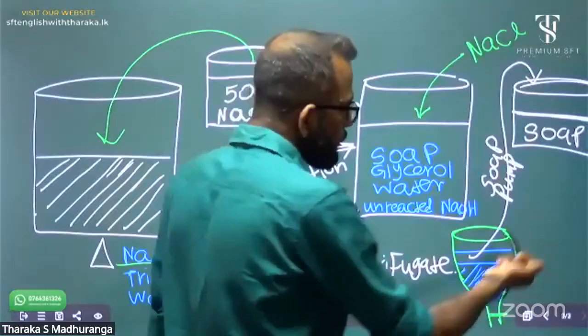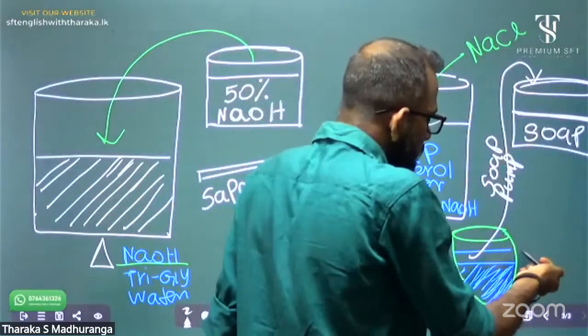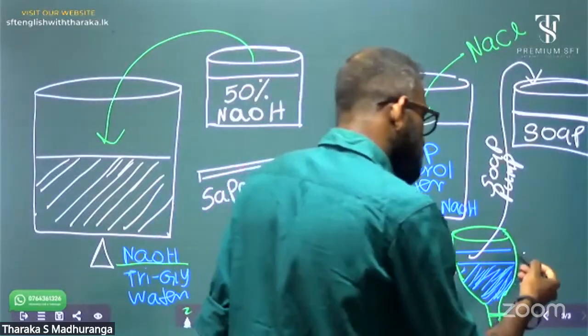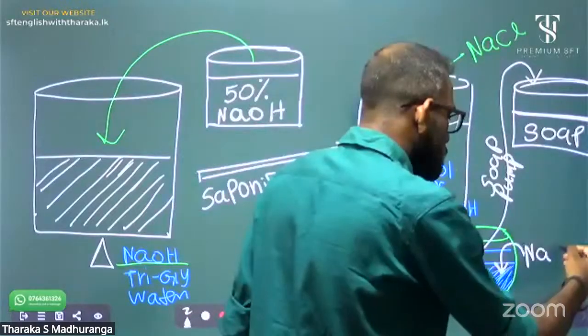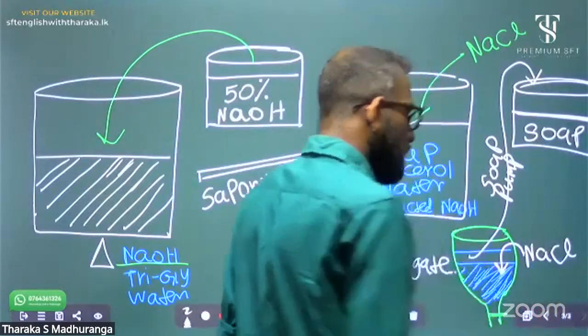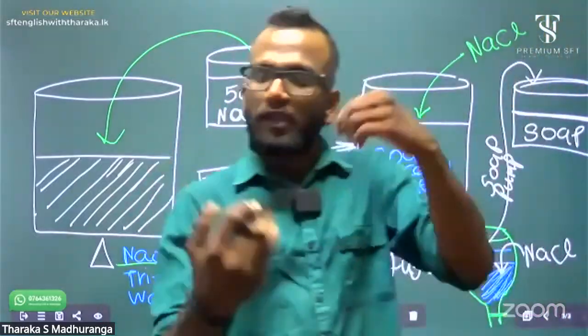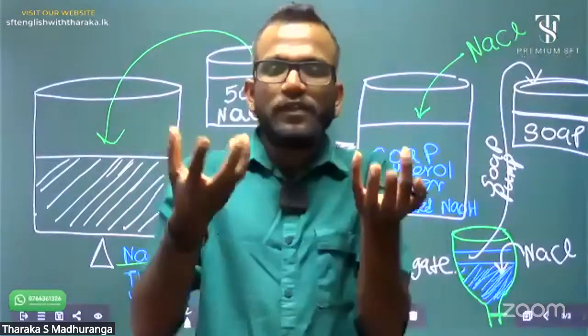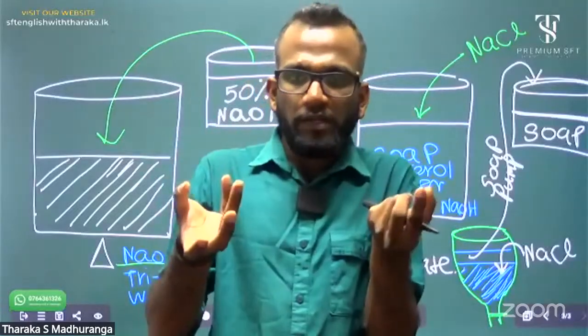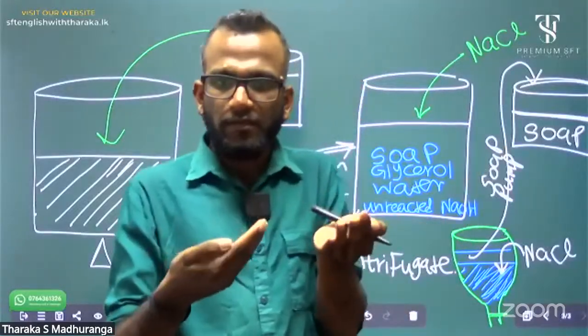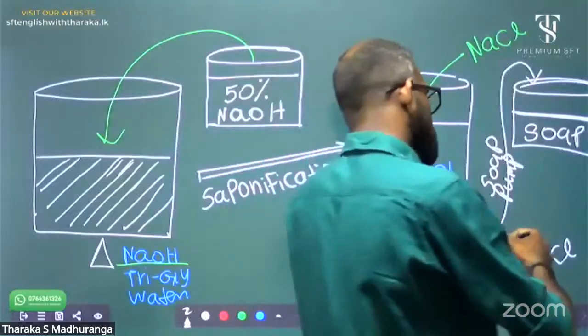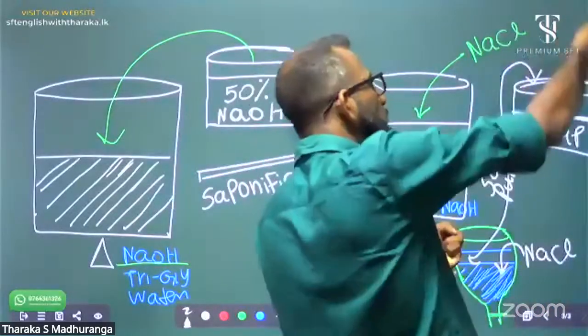Now again for this remaining glycerol, add sodium chloride, salt, and centrifuge again. In the second centrifugation, if there is any remaining soap, we can separate it and pump it in with the rest.